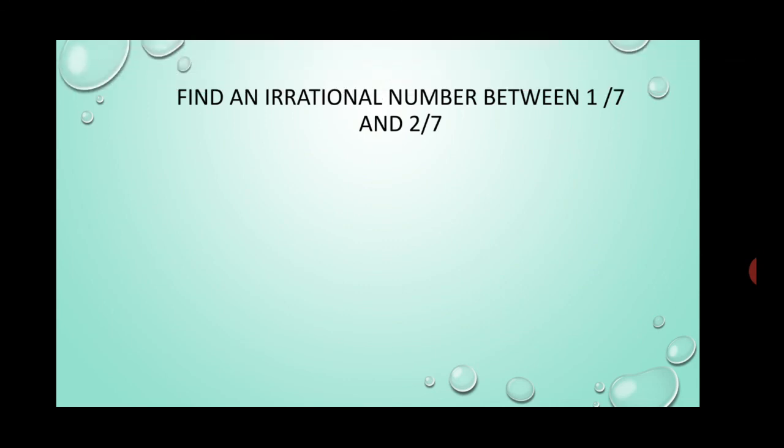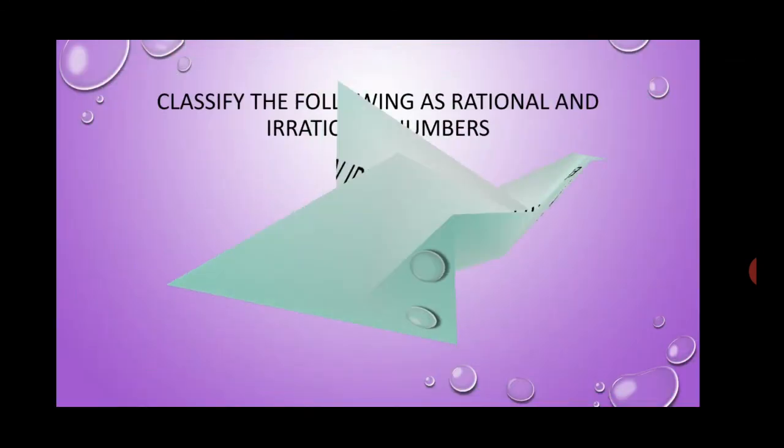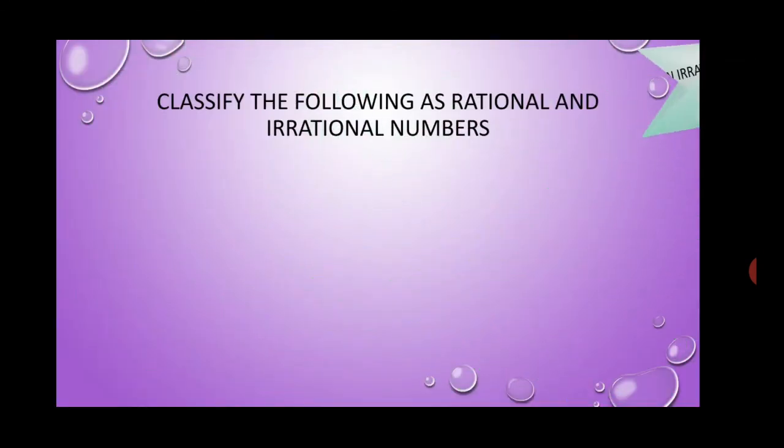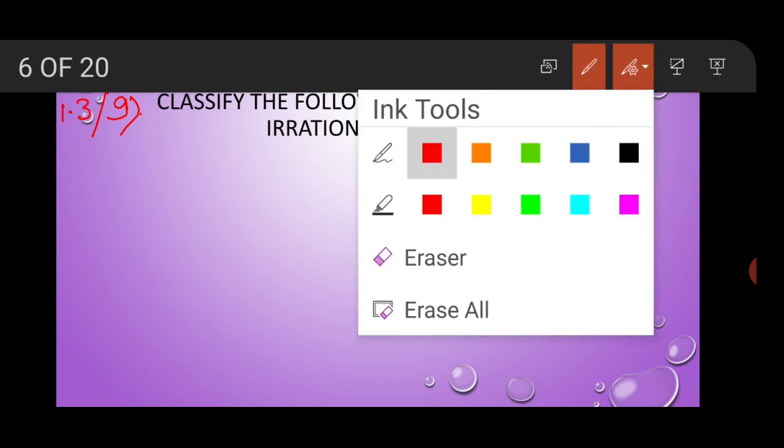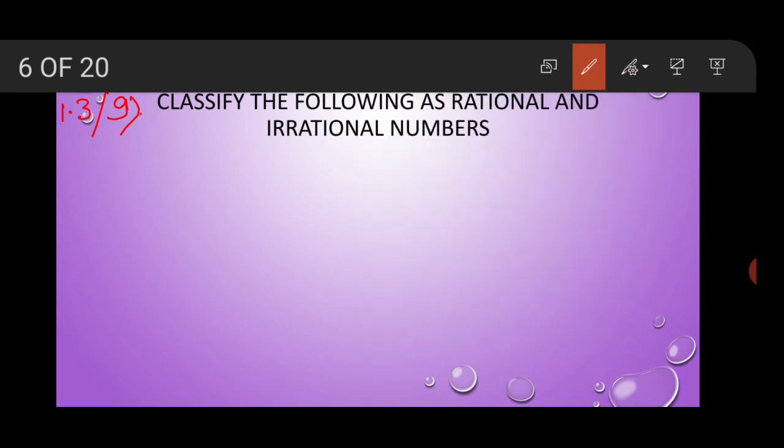Exercise 1.3, question number 9: Classify the following as rational and irrational numbers.